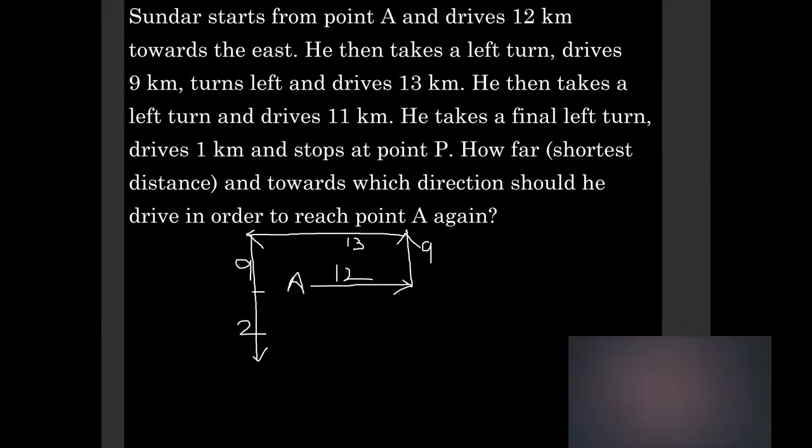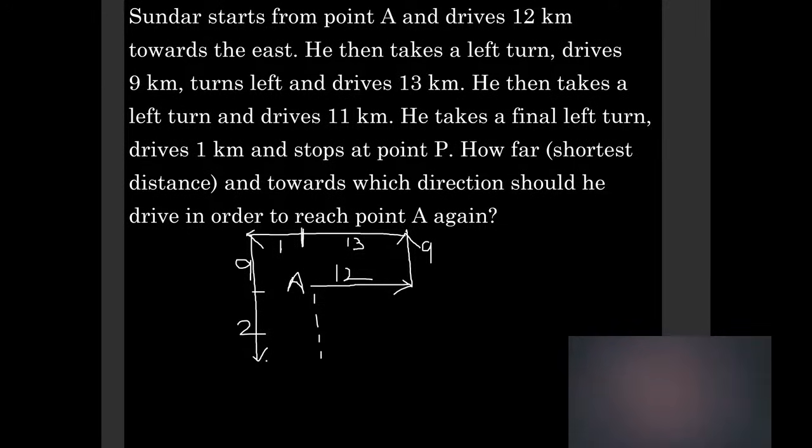Next, he then takes a final left turn and drives 1 kilometer. So if you observe, this above one is 13, this below one is 12. So till here it is 12. So the remaining one is 1. As that is 1, this last one is exactly below this point.